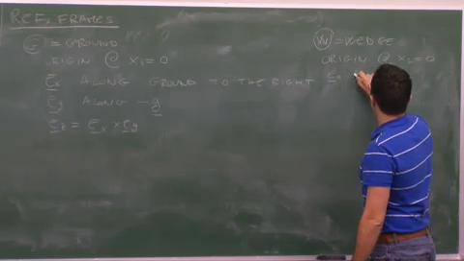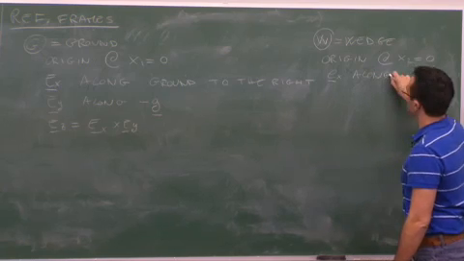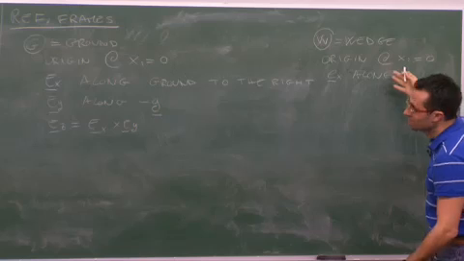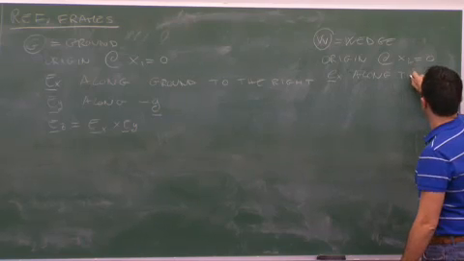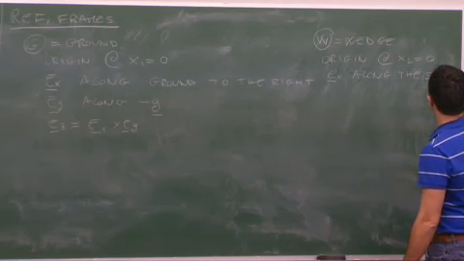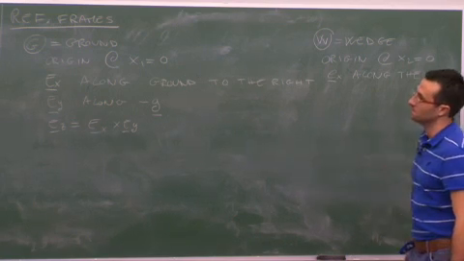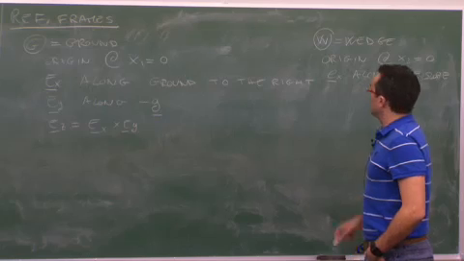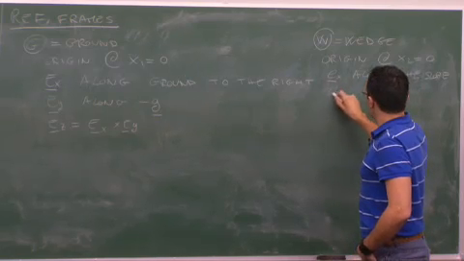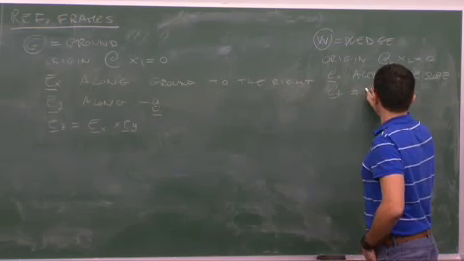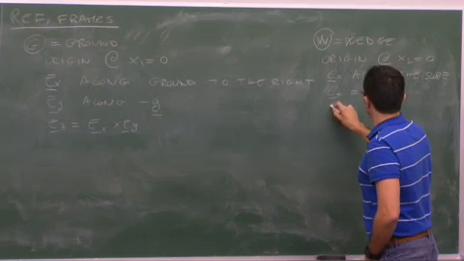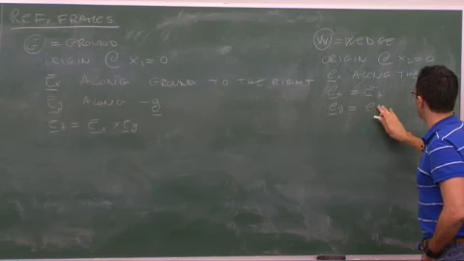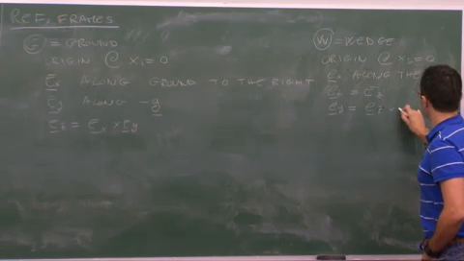Little ex is along, how do we call that direction? Down the slope. That's a defined direction. It's the direction of x2. And let's say that Ez is the same, and Ey is going to be equal to Ez cross Ex.